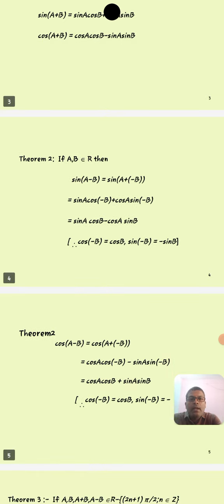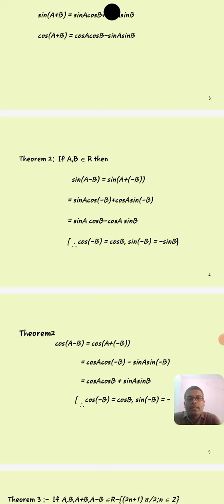Here what is the b value? Minus b is there, so we apply that formula directly. Sin a into cos of minus b plus cos a into sin of minus b. In the next step you observe, that is equal to sin a cos of minus b. We know that cos of minus b is cos b. We get sin a cos b plus cos a times sin of minus b, that is minus sin b.